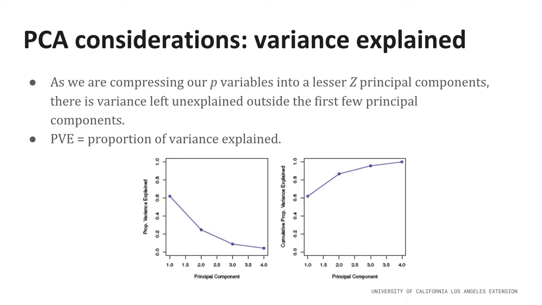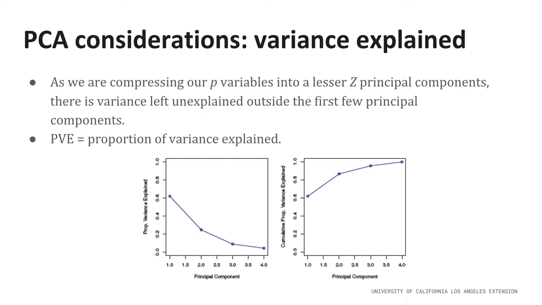Another consideration is that when we're compressing our variables into a lower dimensional space, there's going to be some variance that remains unexplained. So in this example, we had 4 variables, and you can see that they're represented on the x-axis, 1, 2, 3, 4, and each of them explains some percentage of variance within the data.